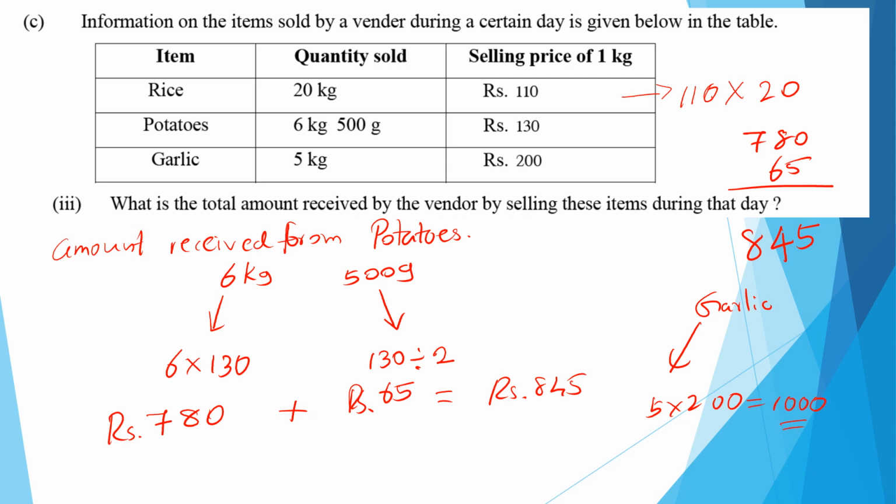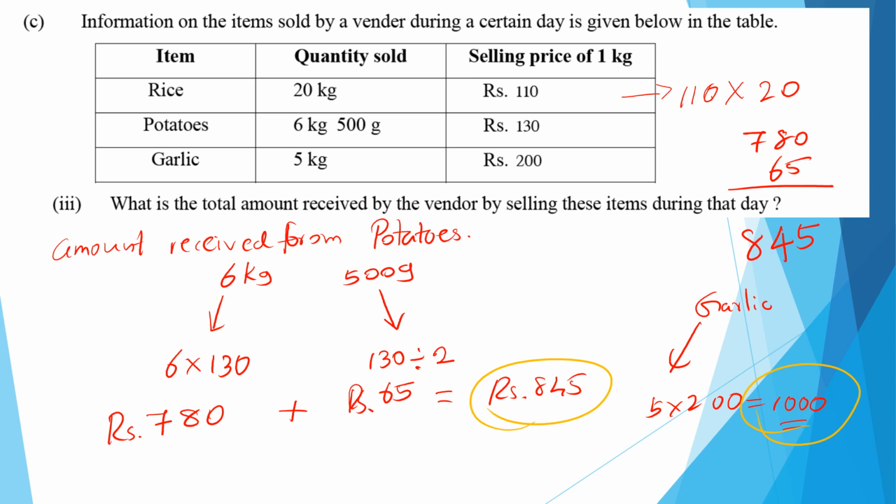So you have to add these three together: this one from potatoes, this one from garlic, and what about this answer here? You can do the simplifications. I think you can do it yourself.